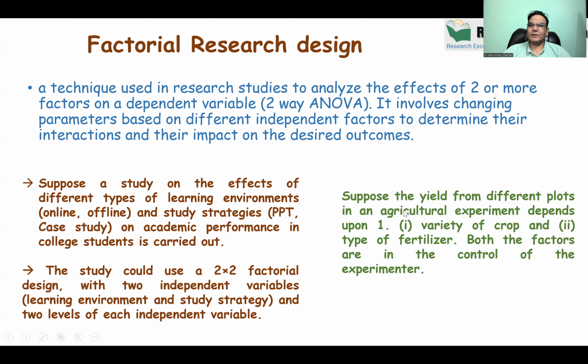So we have the four complicated experimental designs. So number one, randomized block design. Then the third was Latin square design, where the three independent factors have an impact on the outcome.